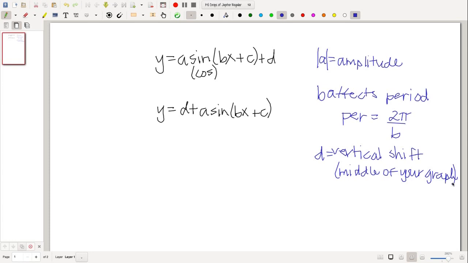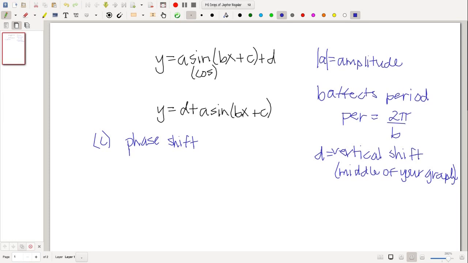Okay, now c. If there is a c, there is a horizontal shift, or what we like to call a phase shift. In trig, they don't really call it a horizontal shift, they call it a phase shift. Now listen to me. Whatever c is, that is not necessarily your phase shift because you have this other variable in here with it.